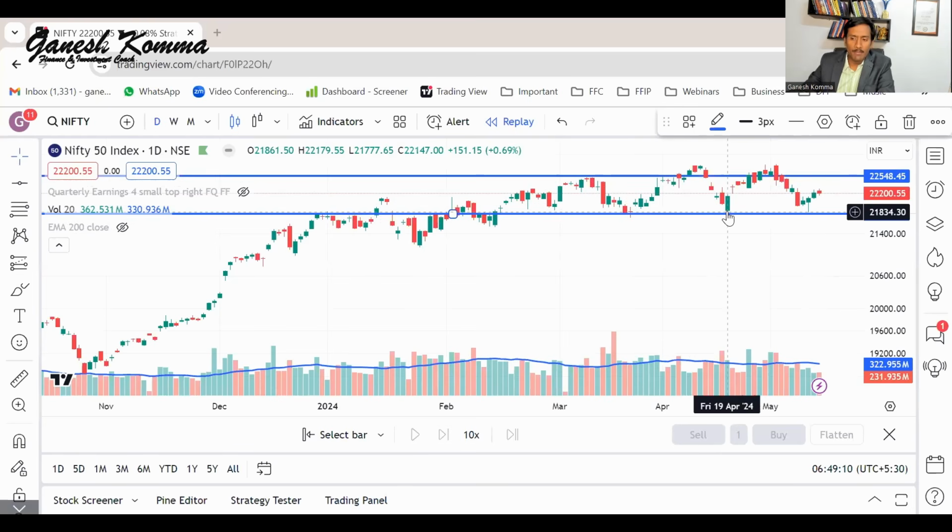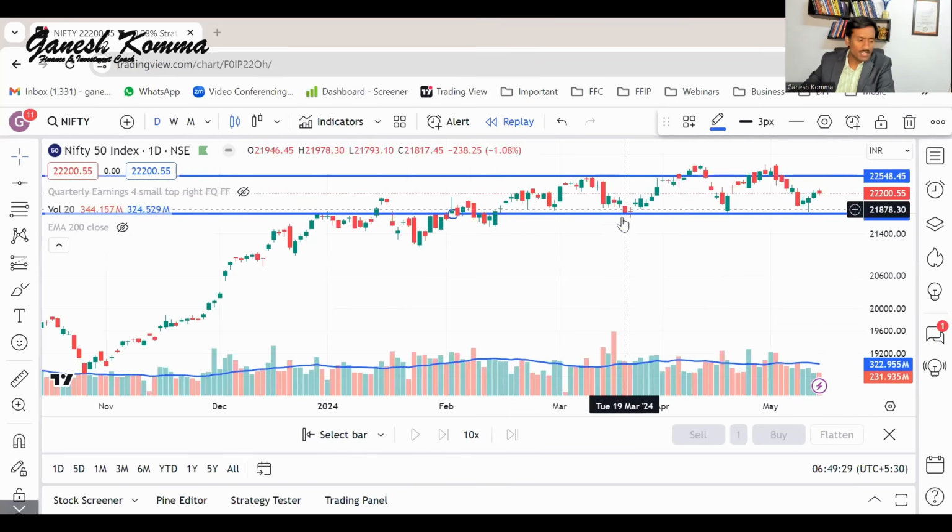Again on 19th April, it found support and moved. So if Nifty 50 moves below or breaks down below 21,790 or 21,800, it can become weaker.